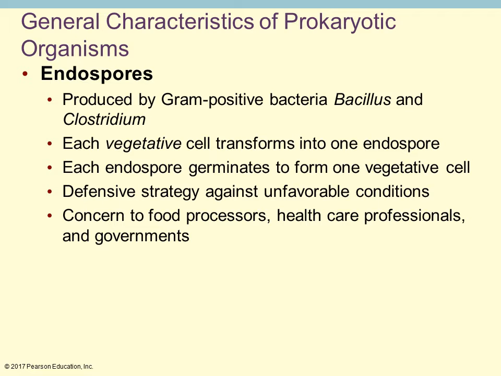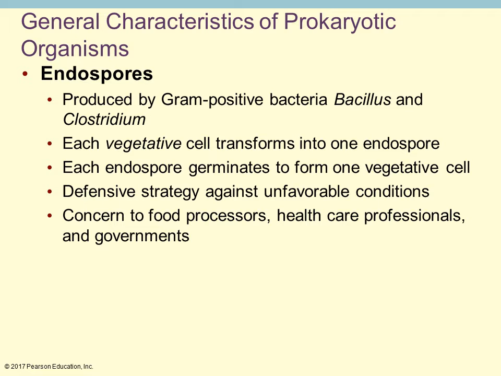To give you an example, Clostridium tetani and Clostridium botulinum are different species that do produce these spores, and the bacteria can cause such diseases as tetanus, botulism, gas gangrene.